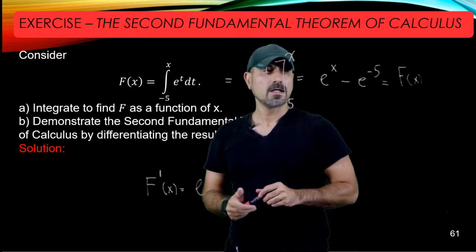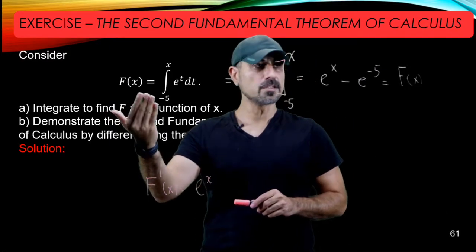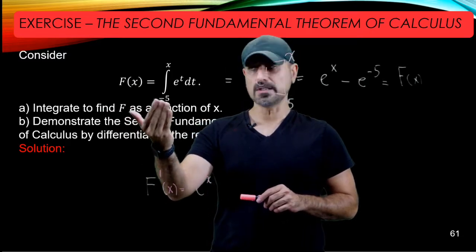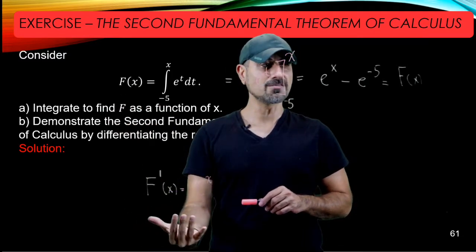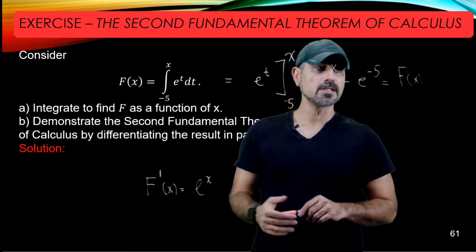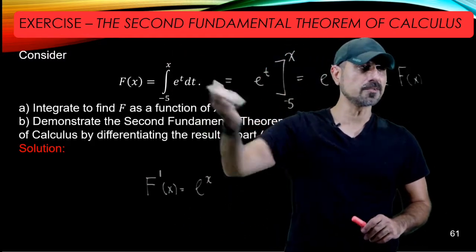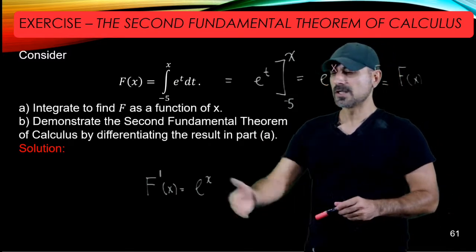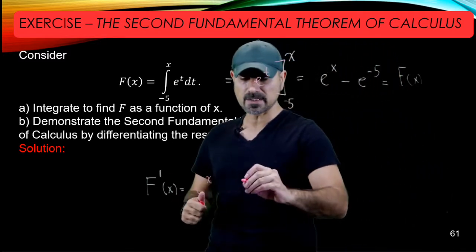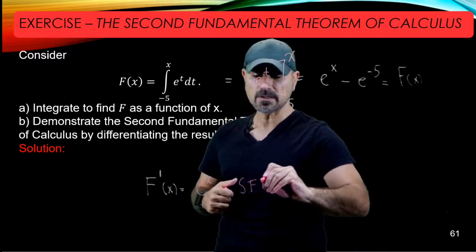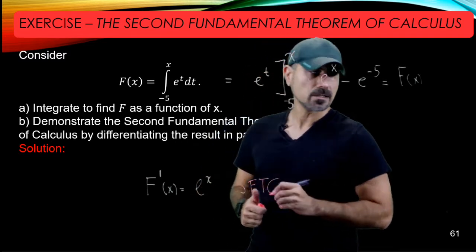Okay, and as you see, the lower limit is a number, -5, that doesn't have any role in taking the derivative of this function. So essentially what we're doing is just replacing the t expression of the function here with the x expression of the function. So F prime of x is e to the x by the second fundamental theorem of calculus.